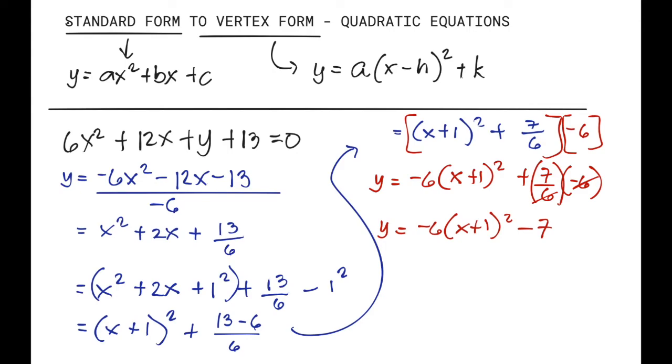So our answer is y equals negative 6 times the quantity x plus 1 squared minus 7. This is now our vertex form of the given 6x squared plus 12x plus y plus 13 equals 0. I hope you learned.